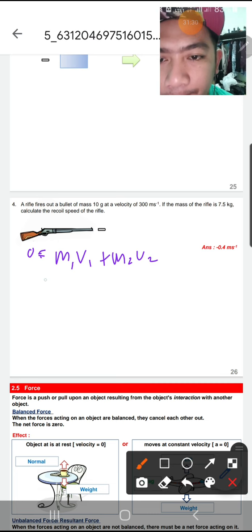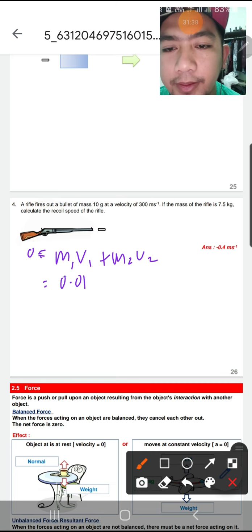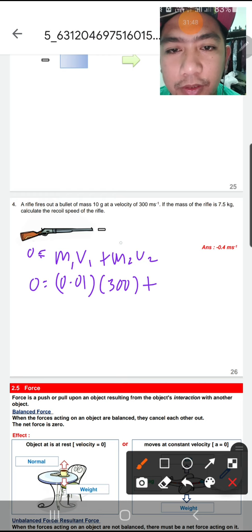So m1 refers to the bullet. So the mass is 0.01. So here is 0. So the velocity for the bullet is 300 plus the mass for the rifle 7.5 times v2, because this is what we need to find.